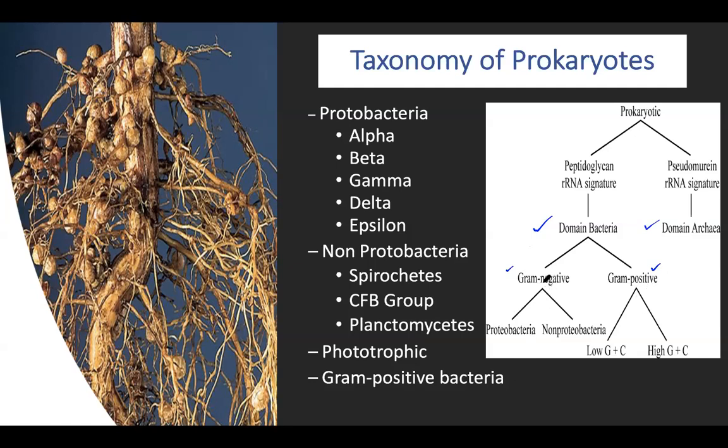Now, gram-negative bacteria, there are two different types, proteobacteria and non-proteobacteria. Gram-negative proteobacteria are subdivided into 5 groups: alpha, beta, gamma, delta, and epsilon proteobacteria.